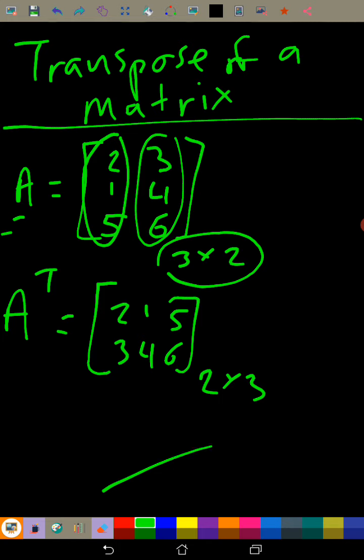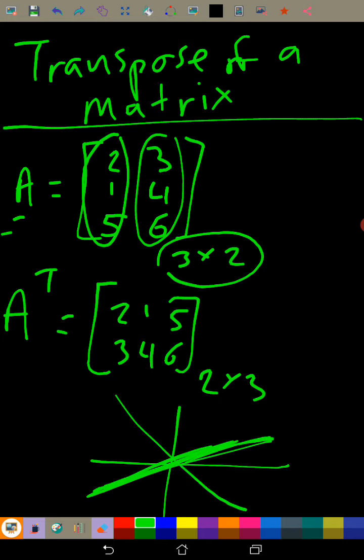So it's kind of transforming, like maybe a line is like this, and you want to transform it like that, to make a reflection of it. Actually, it depends what you want to do. But this is transposition, as simple as that.